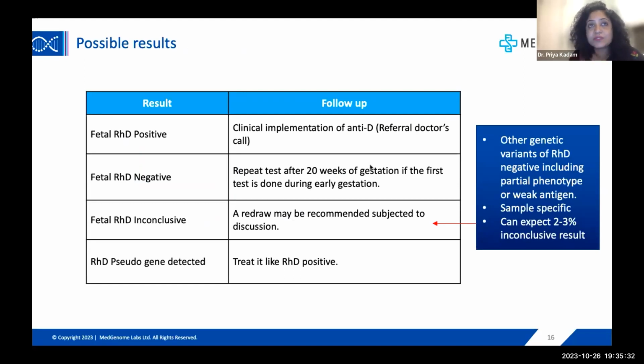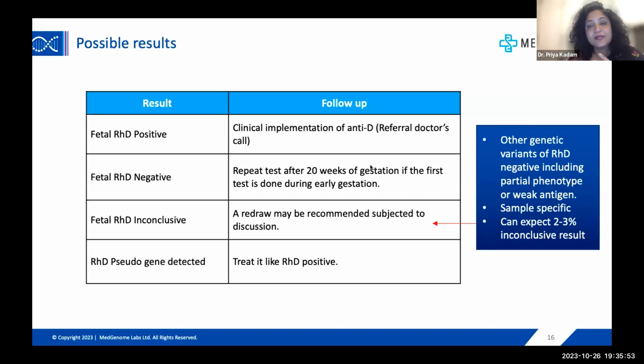Inconclusive results are mostly because of the variants which are present in the mother. So we must remember, and I'll go a little further into that, that what we are testing in cell-free DNA is actually what is in the genome, not the expression of the protein. The expression of the protein is done by our regular tests.